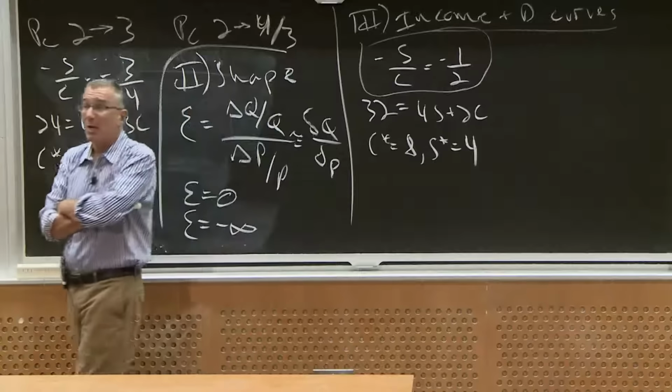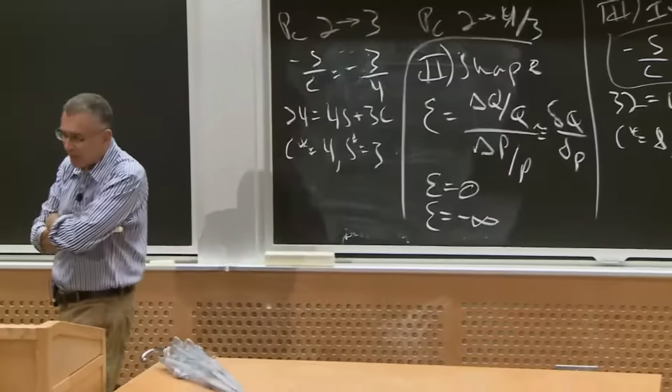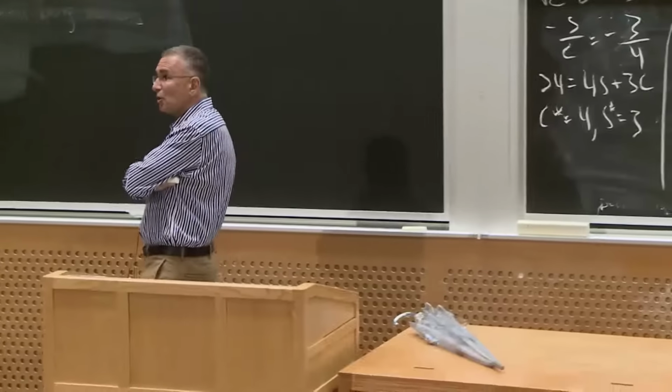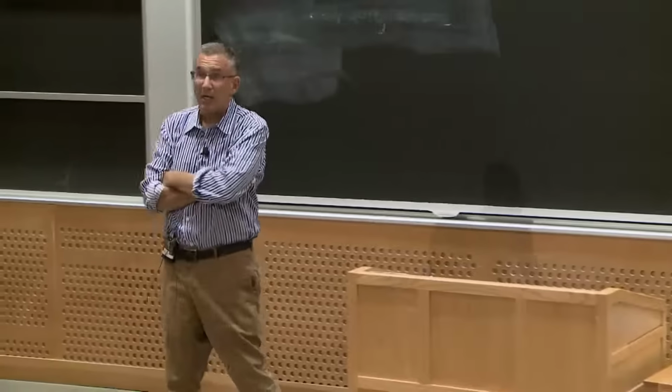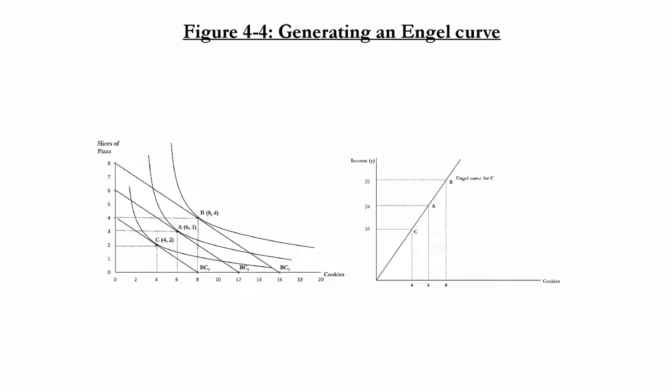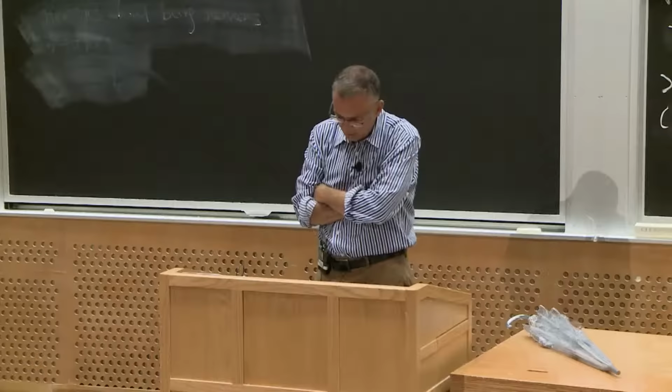It's just going to be a higher quantity. And that's what happens at point B. Same tangency at a higher quantity. Likewise, at point C, we show what happens if your income falls to $16. Then you want less pizza and fewer cookies. 4 cookies and 2 slices.